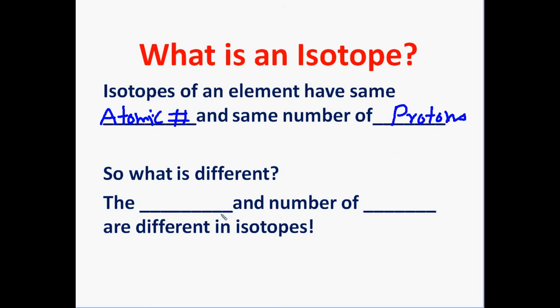So what is different? We just saw it. The atomic mass number and the number of neutrons. These are the two different things in isotopes.